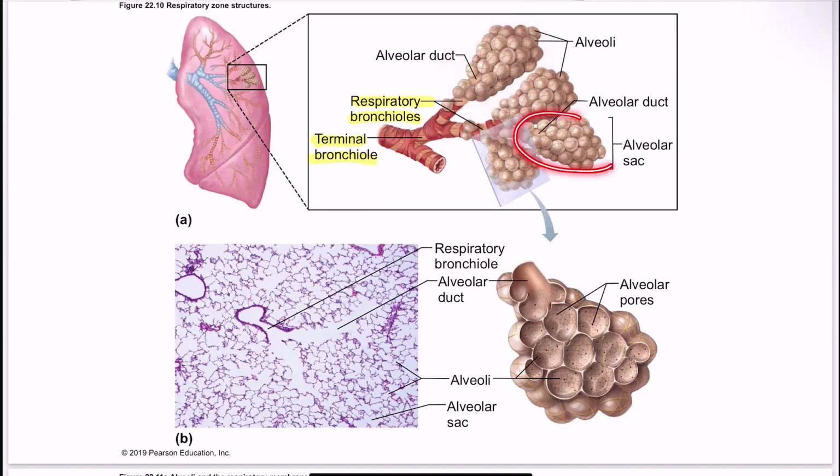The clusters of grapes are called alveolar sacs. So alveolar sacs are kind of like clusters of grapes. And then one of those grapes, just one grape, is an alveolus. So many of them are alveoli, singular alveolus. And that's a single grape.